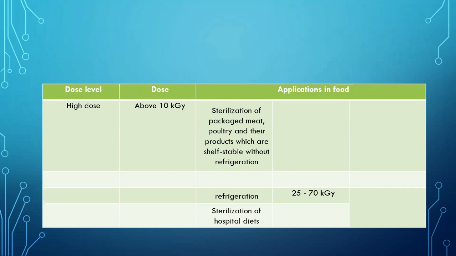Packed food can remain stable without refrigeration. It is also used for sterilization of hospital diets. For some patients who do not have immunity, the food prepared is sterilized and packed. In such food, 25 to 70 kGy will be used.